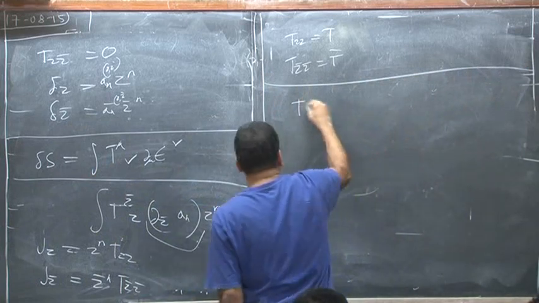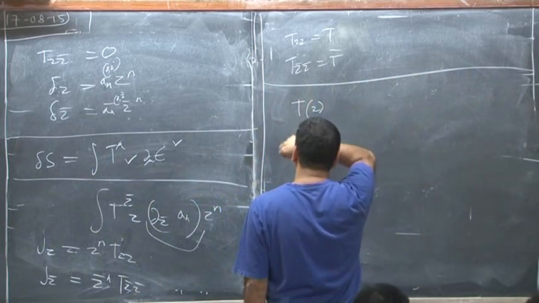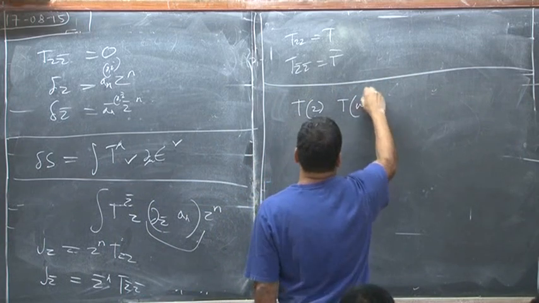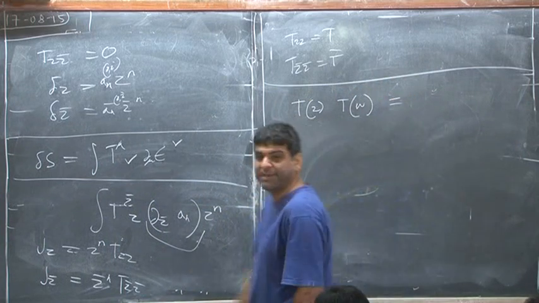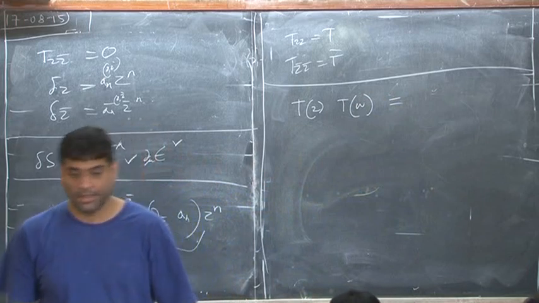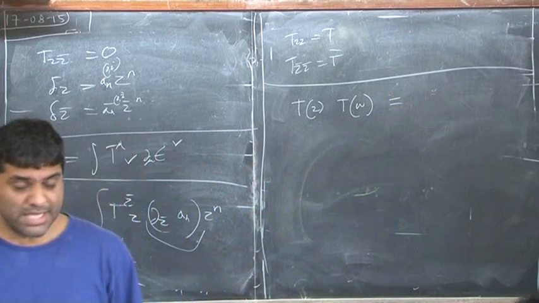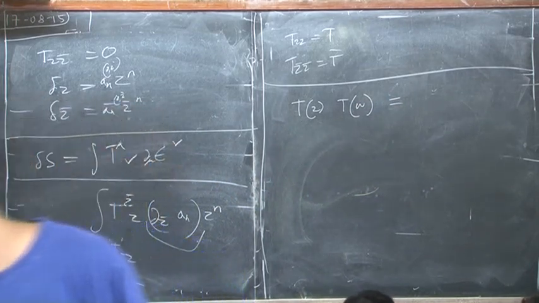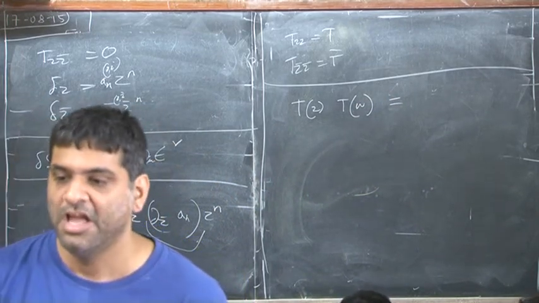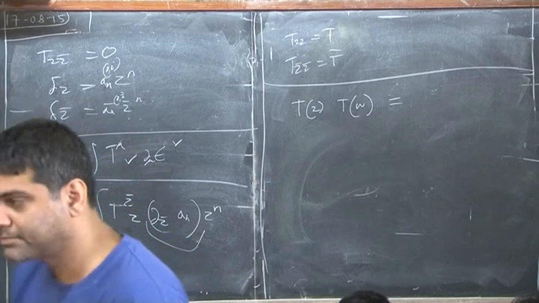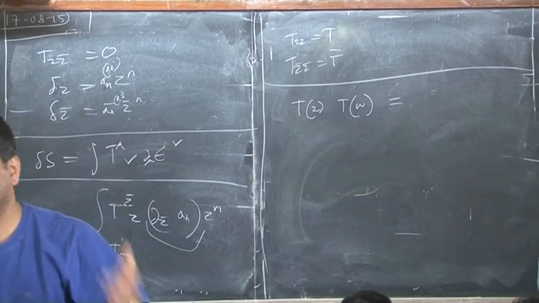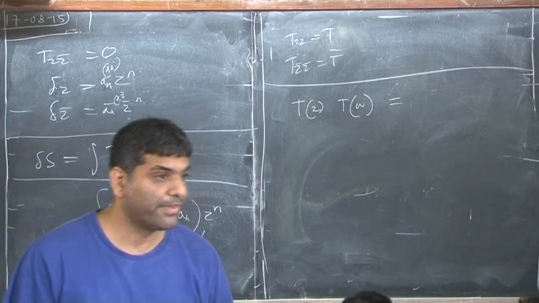So the question I'm interested in is what is T(z) T(w)? What's the operator product expansion? Now, I am interested not in every part of the operator product expansion, but only in singular terms. Because I'm interested in computing, for instance, commutators of the corresponding symmetry algebra.